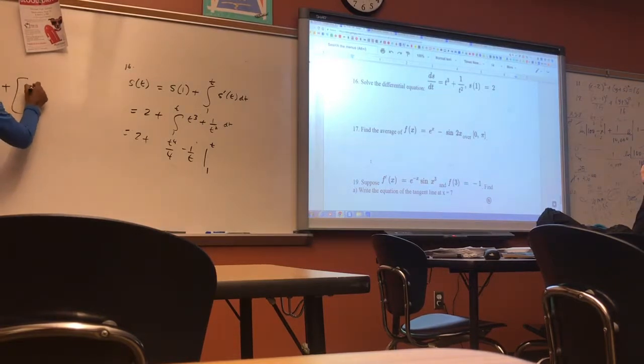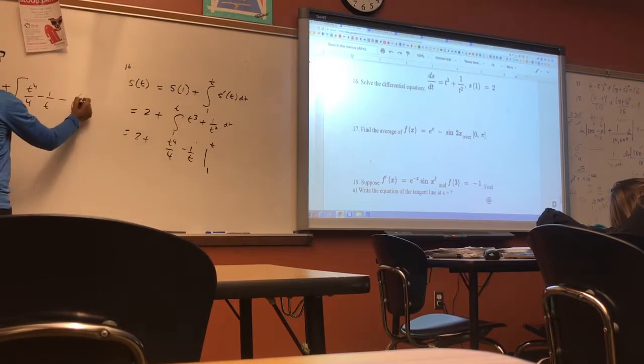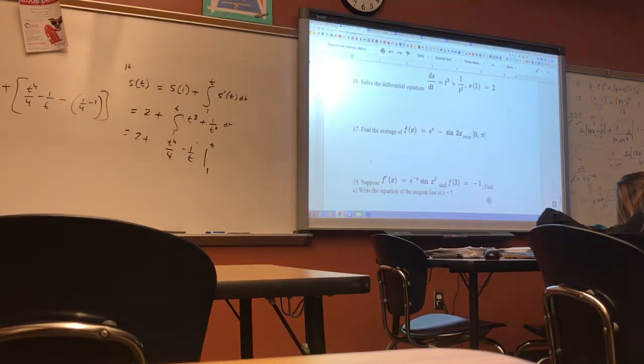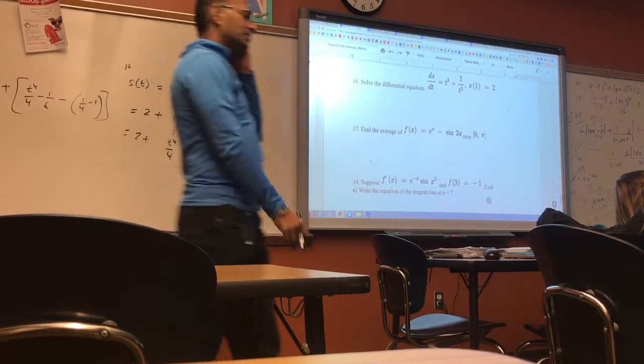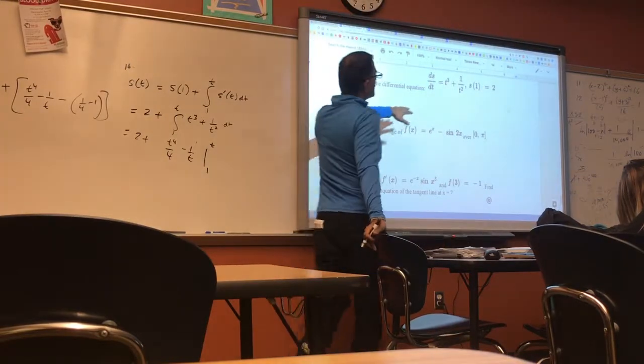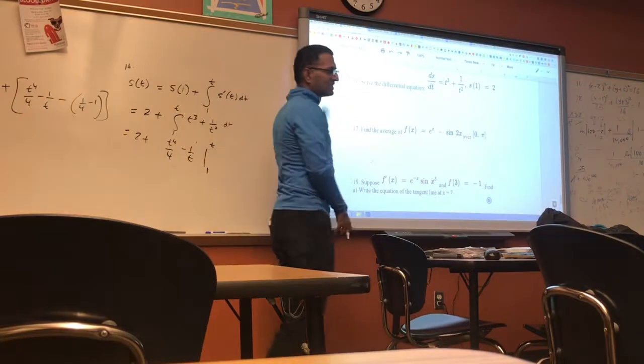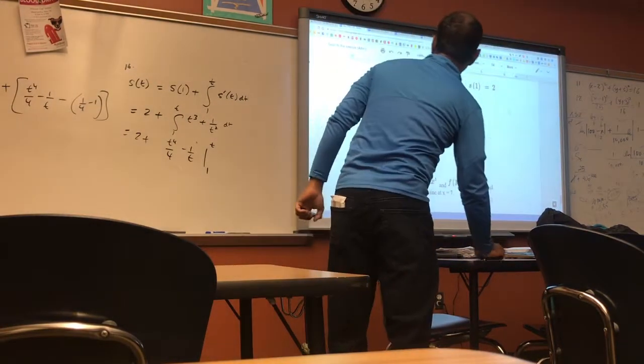Is that just upper limit t to the 4 over 4 minus 1 over t, minus 1/4 minus 1? Okay, can we move on? Okay, just open that up. So look at the board please. So if they want a differential equation like that, just use the net change corollary, but make it 1 to x.